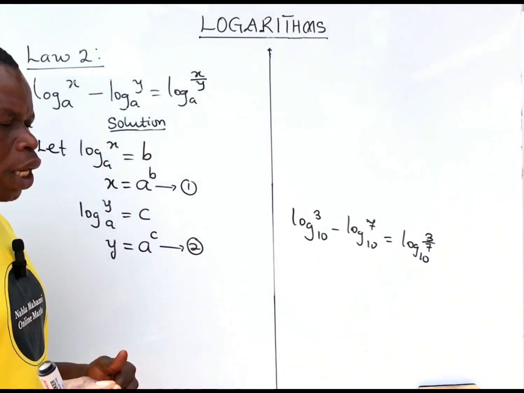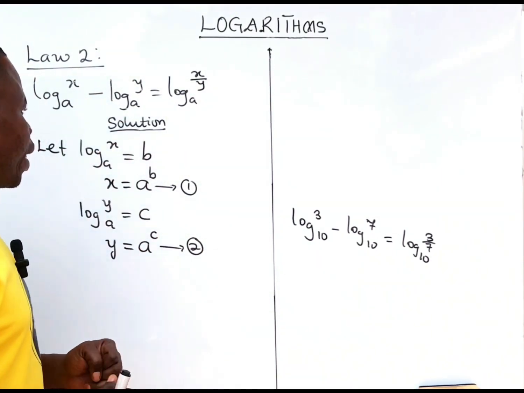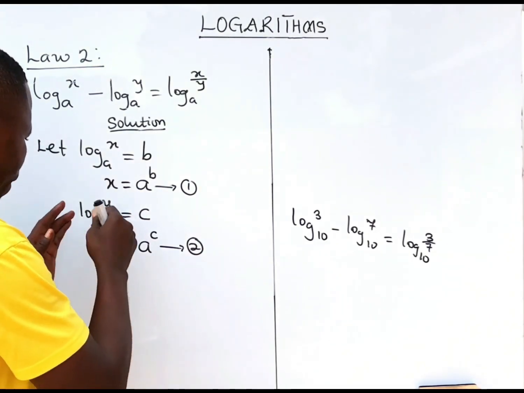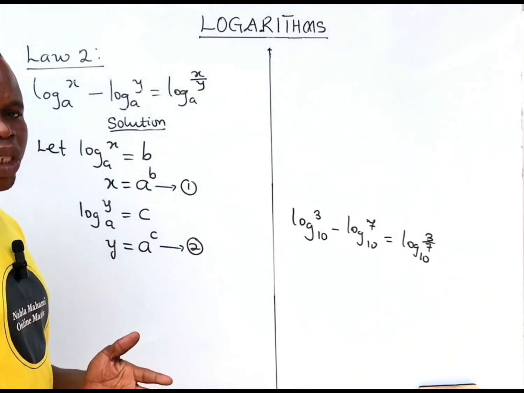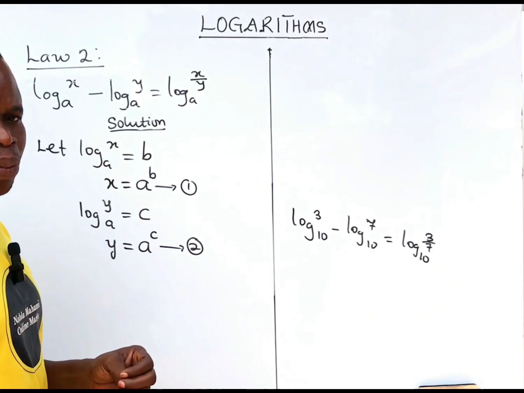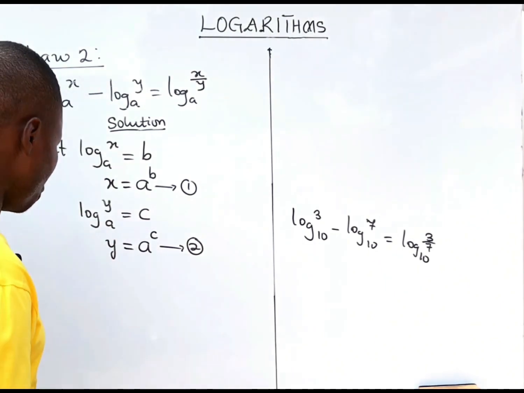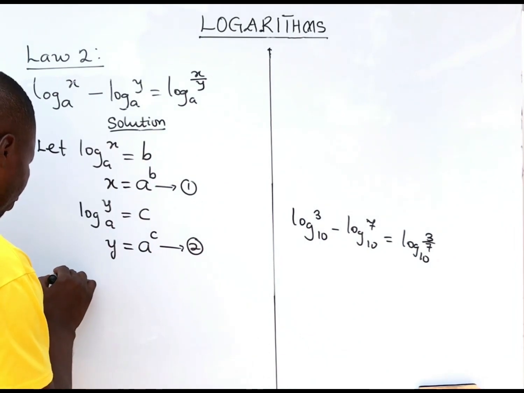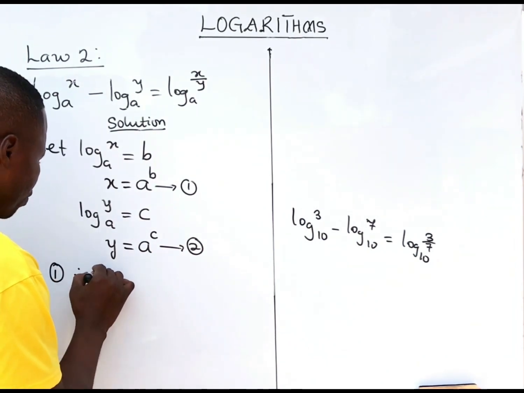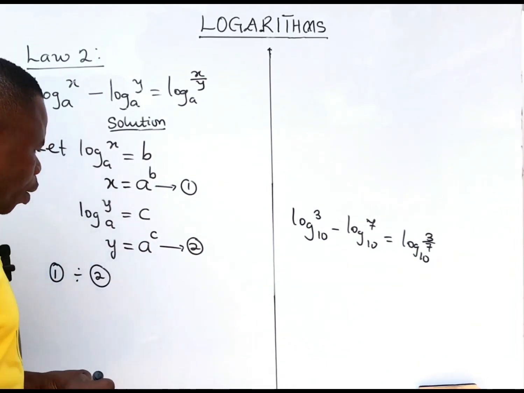You know, in law 1, when we're having addition sign, we said take equation 1 and multiply by equation 2. But this one we are subtracting. It means that we will take equation 1 and divide by equation 2. So here will be equation 1 divided by equation 2.